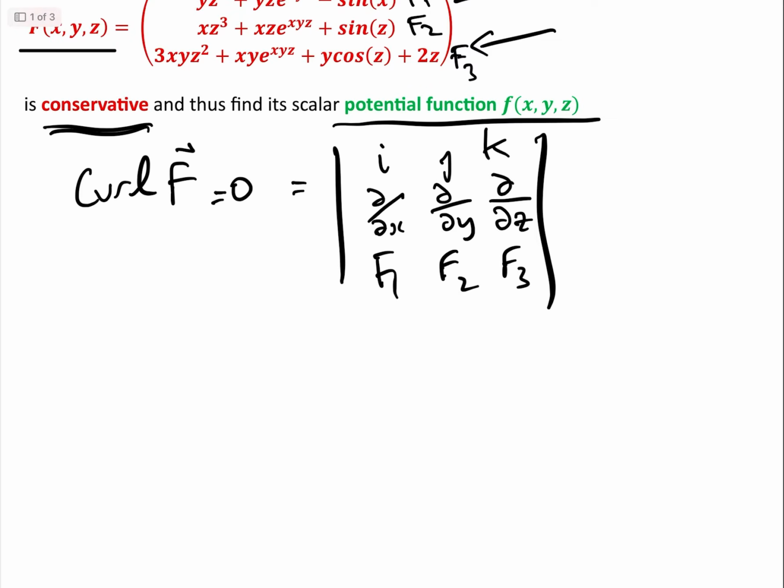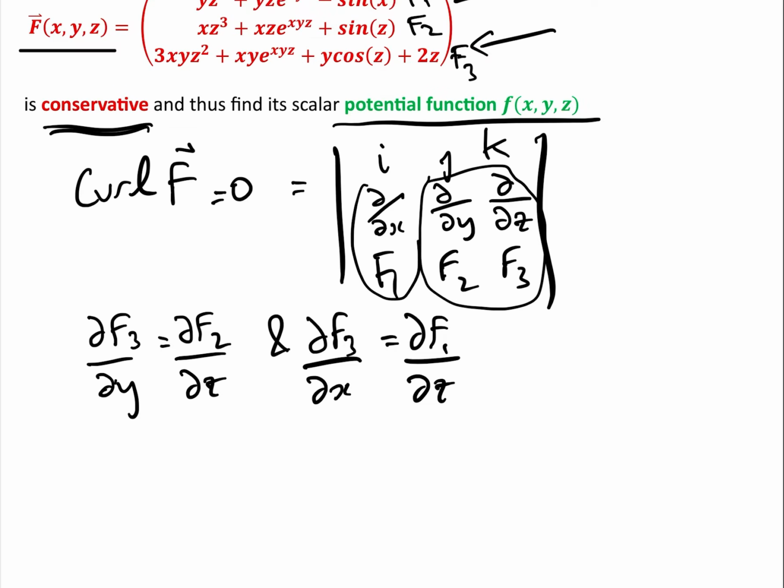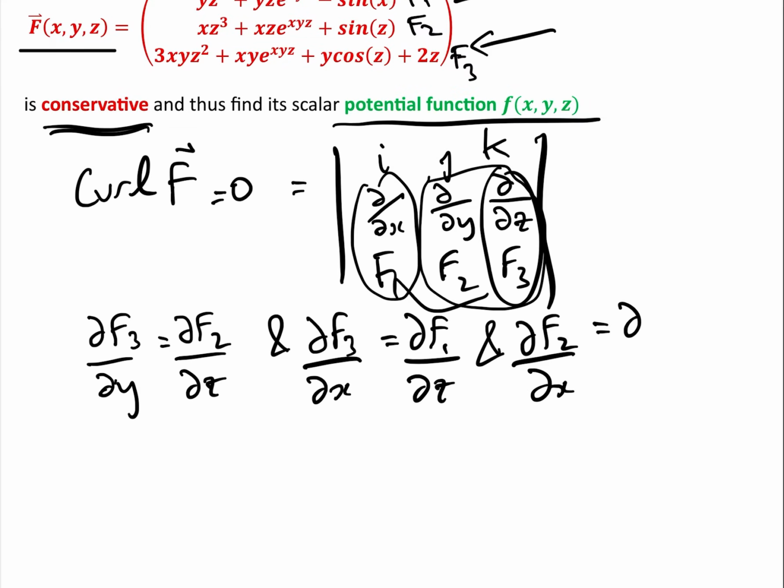Once we've expanded it all, we have to show that df3/dy is equal to df2/dz, which is this little part of the determinant, and that df3/dx is equal to df1/dz, which is this part of the determinant here, and that df2/dx is equal to df1/dy, which is this final one here.